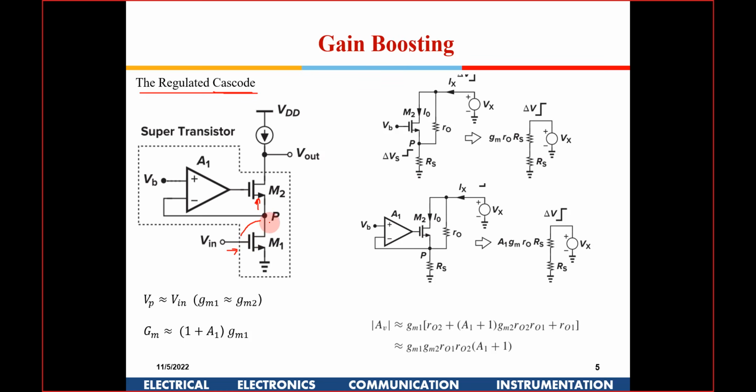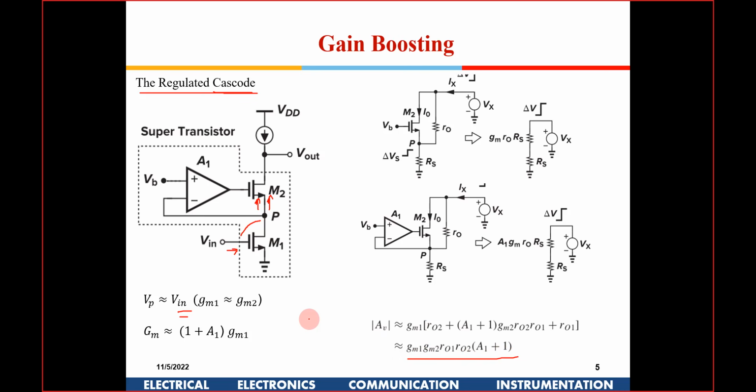That is why you will find Vp is approximately equal to V in, because GM into the resistance as seen here will be 1 by GM. So if you keep GM1 and GM2 almost the same, there is no gain. So this doesn't suffer from the issue of a Miller effect. If you try to find out the gain, you will reach around the same gain.